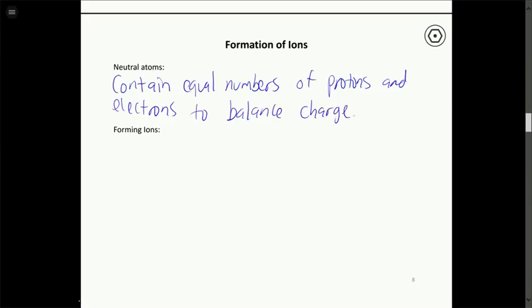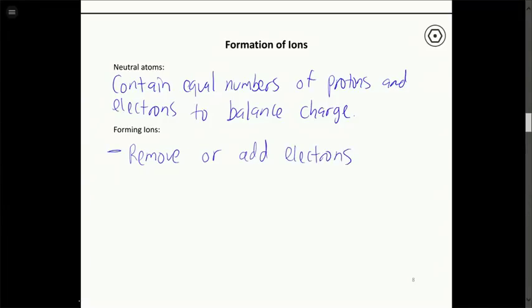Okay, so that's true for neutral atoms, but then if we have an ion, which is something that has a net positive or net negative charge, when we're counting subatomic particles, all we're doing when we form ions is removing or adding electrons. The only subatomic particle that we're ever going to add or remove when making a charged species are the electrons.